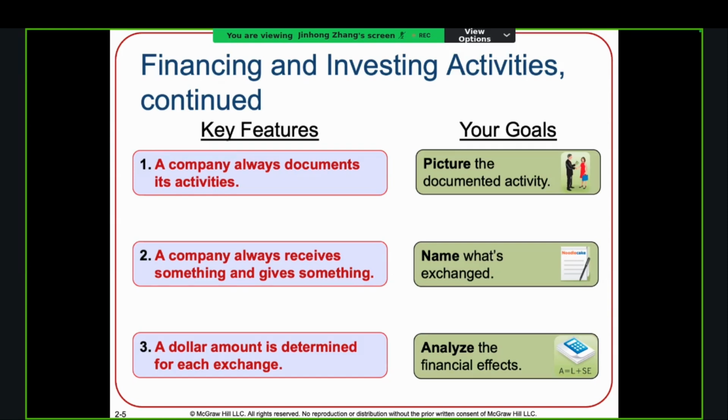So a dollar amount is determined for each exchange. Analyze the financial effect. So for every transaction, you envision how it goes to the balance sheet. You buy land. Now on your balance sheet, in the asset section, you have land, $1 million. And then if you put 20% down, you have owner's equity of $200,000.